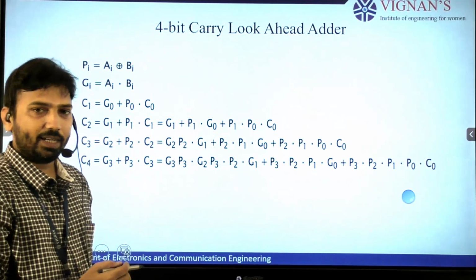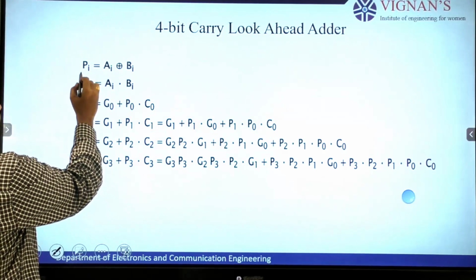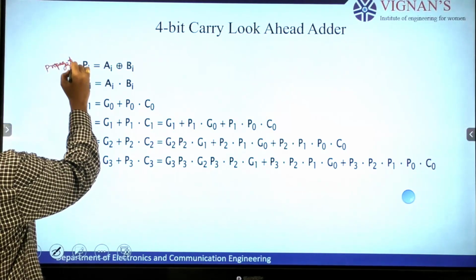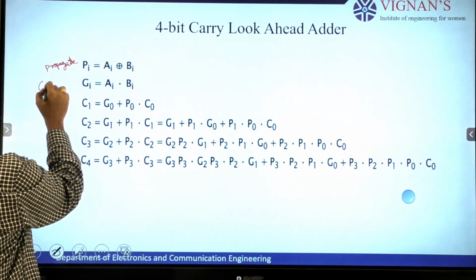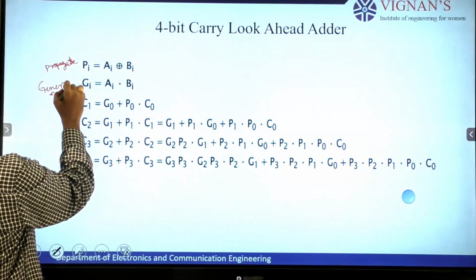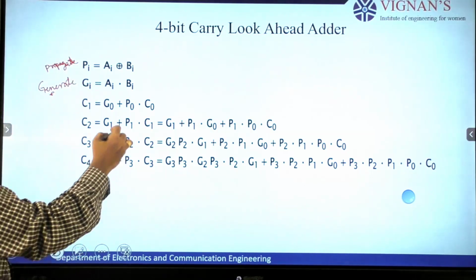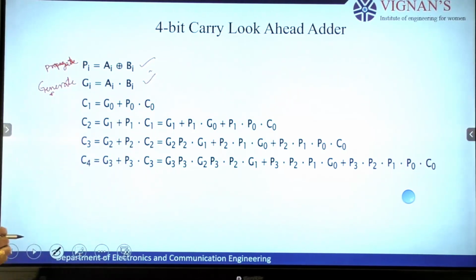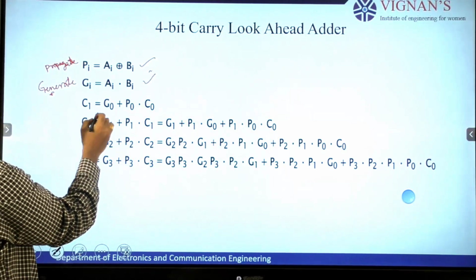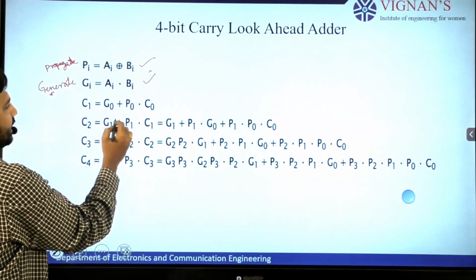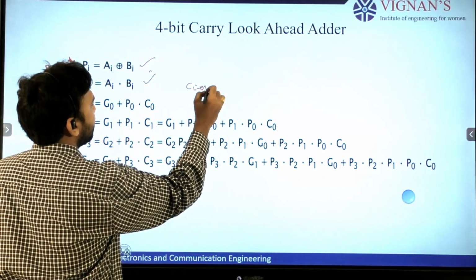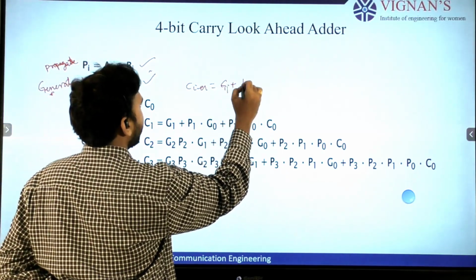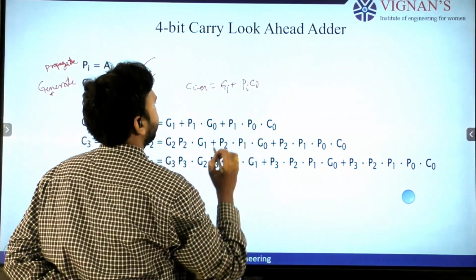So for a 4-bit carry look ahead adder, the first one as seen is the propagate, that is P, and the next one is the generate. The propagate is A XOR B and the generate is A and B. In addition to that, the carry of each one is given by Ci plus 1 is equal to Gi plus Pi into Ci.